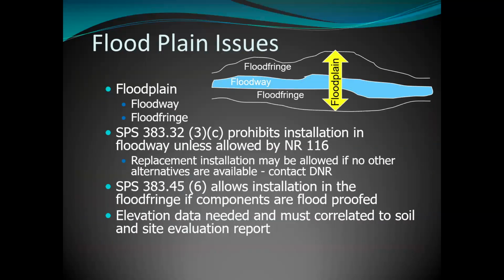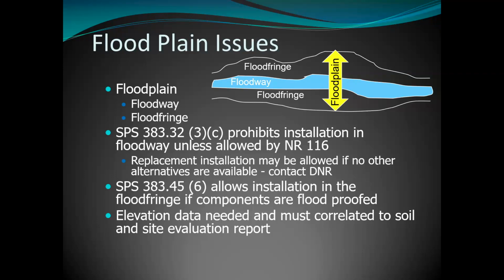Want to mention floodplain issues. Floodplains come in two categories, the floodway and the flood fringe. Both of them together make the floodplain. Sometimes these are defined differently, depending on how much work has been done in that area, whether it's mapped out or not, or if it's all just considered floodplain.